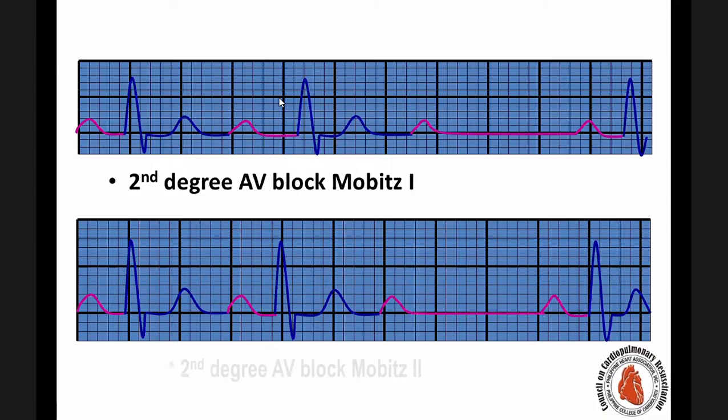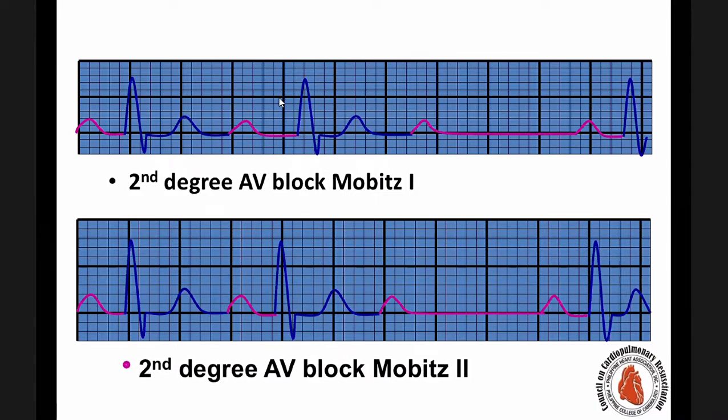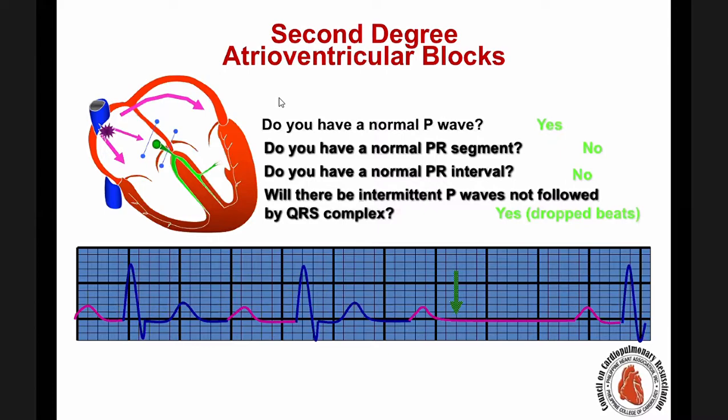Okay. Tiwala lang. Okay. These are the example of a P wave not followed by a QRS. So this must be a drop beat. So we look at the PR interval before the drop beat. This is sobrang prolonged. And the PR interval after the drop beat, it's like a little bit narrower but still prolonged.